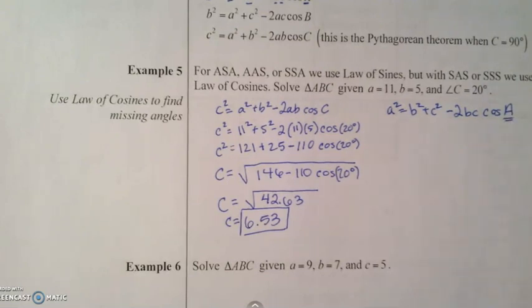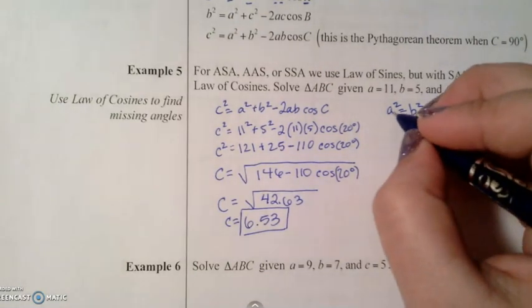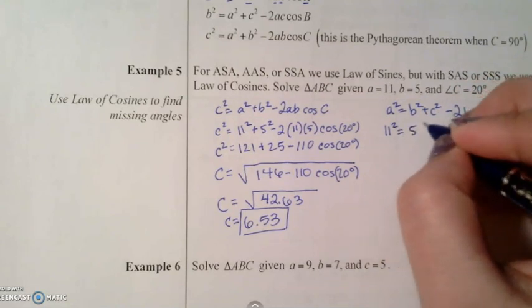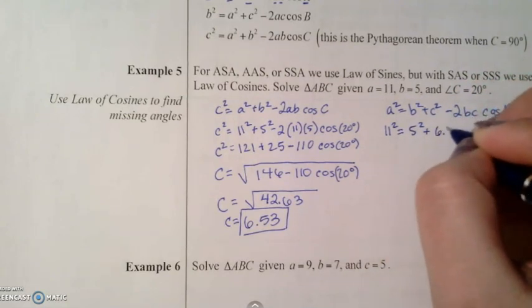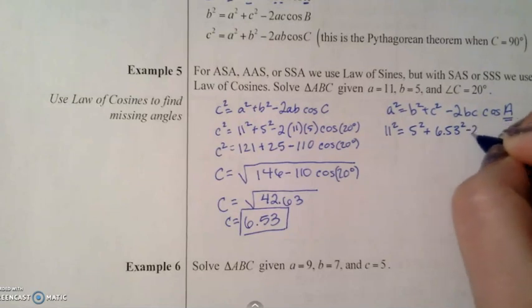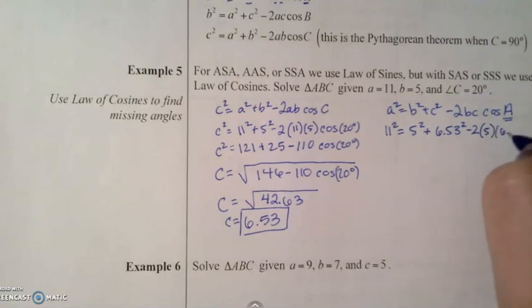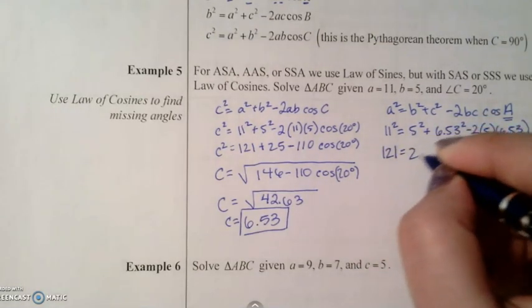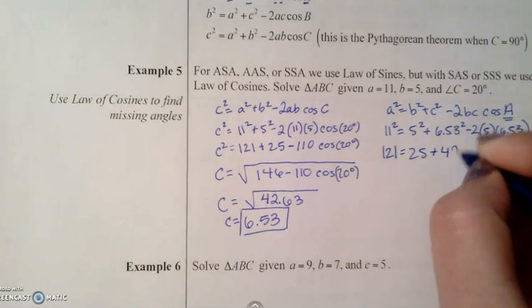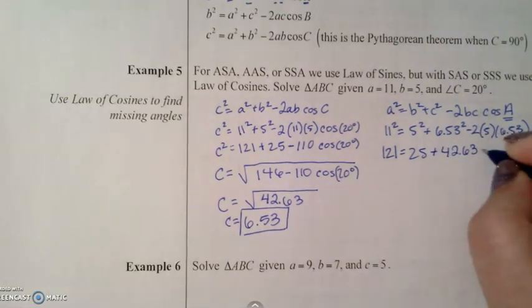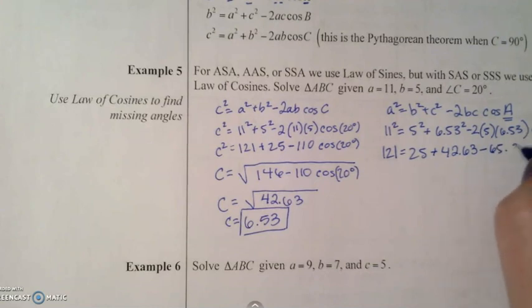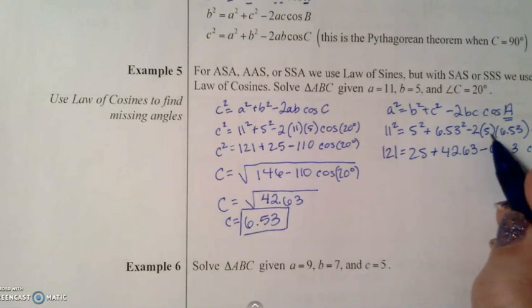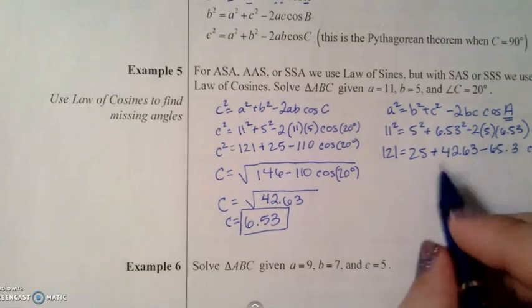And now this is going to be our unknown. We know everything else. 11 squared equals 5 squared plus 6.53 squared minus 2 times 5 times 6.53 times cosine of A. 121 equals 25 plus 42.63 minus 65.3 times cosine of A. The way I multiplied that is 2 times 5 is 10, so we're just moving the decimal place once.